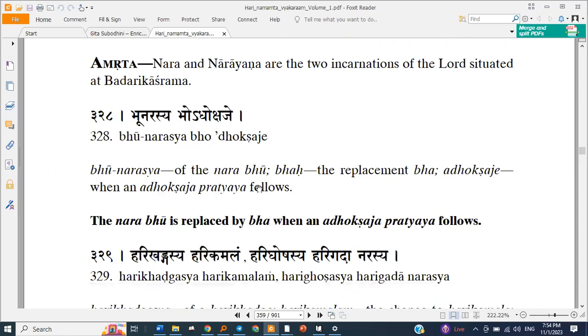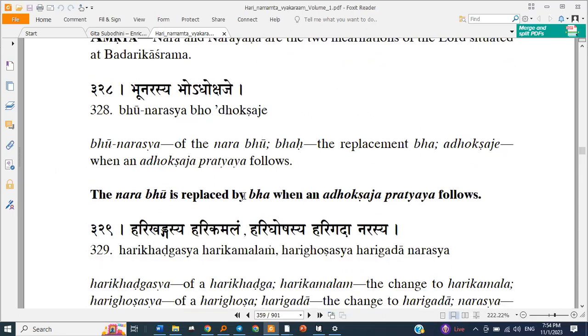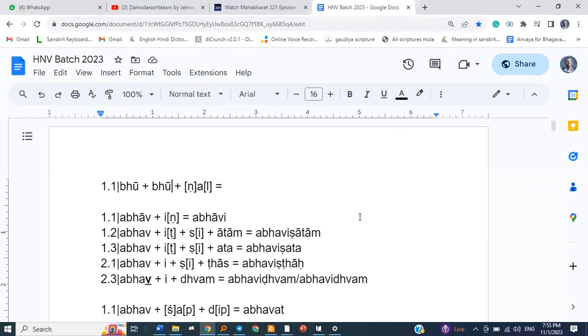Bhu Narasya Bho Adhokshaje. The Nara Bhu is replaced by Bha when an Adhokshara Pratyaya follows. So the Nara Bhu, this one, gets replaced with Bha when Adhokshara Pratyaya is following. So Nal is an Adhokshara Pratyaya which is following. The Bhu turns into Bha.